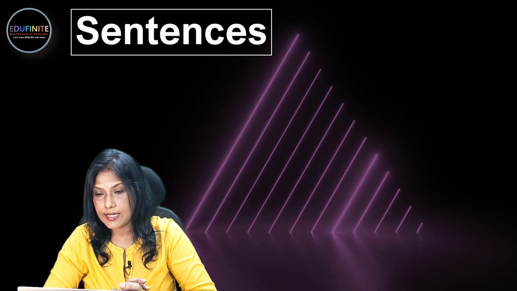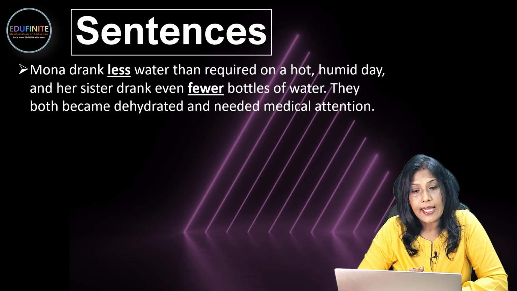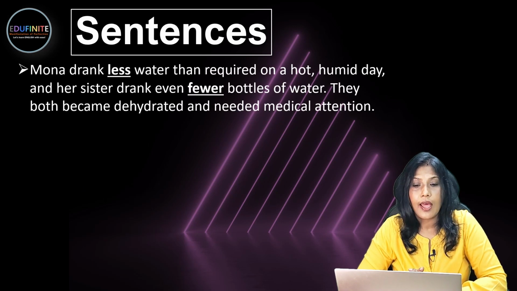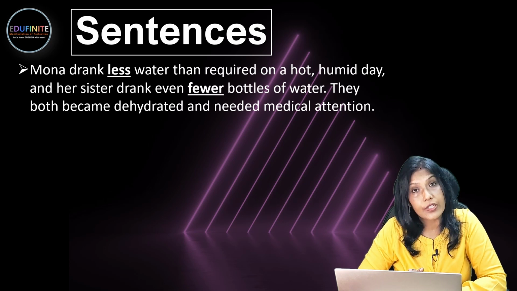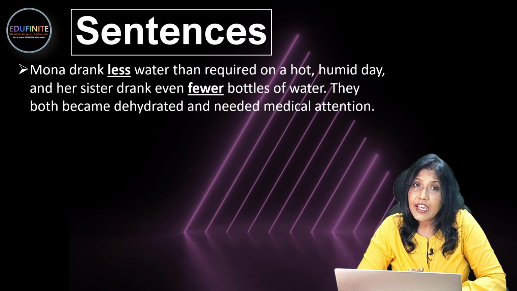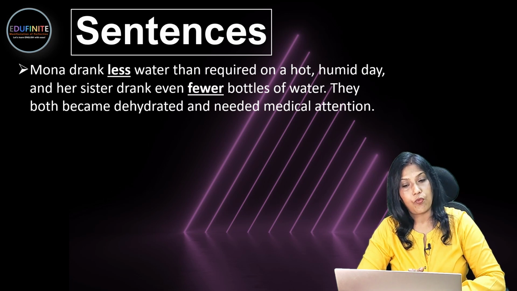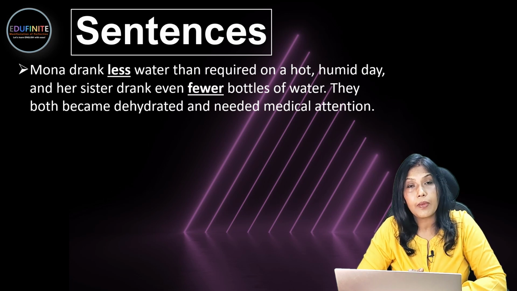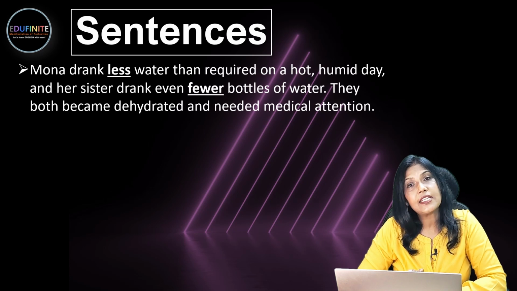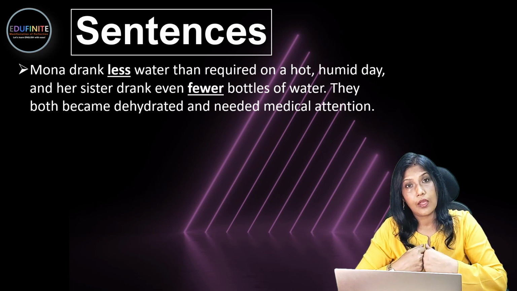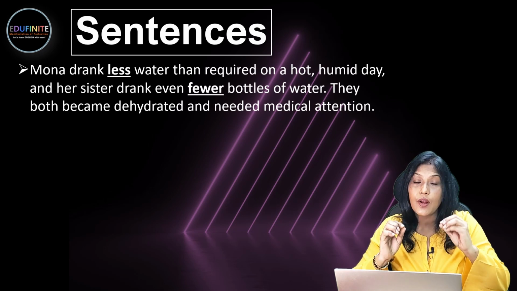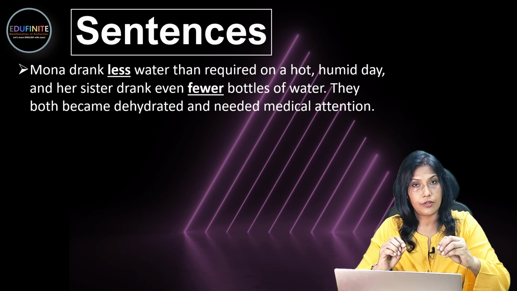Well, the sentences. Mona drank less water than required on a hot, humid day, and her sister drank even fewer bottles of water. They both became dehydrated and needed medical attention. So Mona and her sister, what did they do? They drank less water.